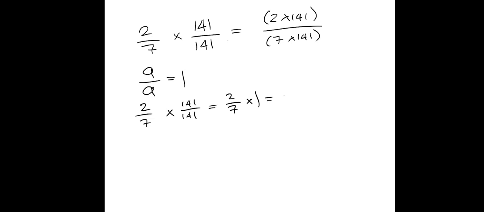And hopefully you don't need a calculator for that. It's 2/7. We're going to get to cancelling later on. Just a spoiler, if we wanted to do it this way, we could just cancel those 141s and be left with 2/7. 2/7, same answer.